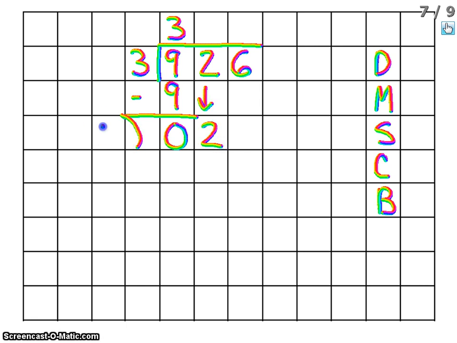And now I go through my steps again. 3 into 2. Now it's important whenever we're doing long division, whenever your dividend is smaller than the divisor, the answer is always going to be 0. So 3 into 2, I cannot do that at all. So I'm going to put a 0 right up in my quotient.